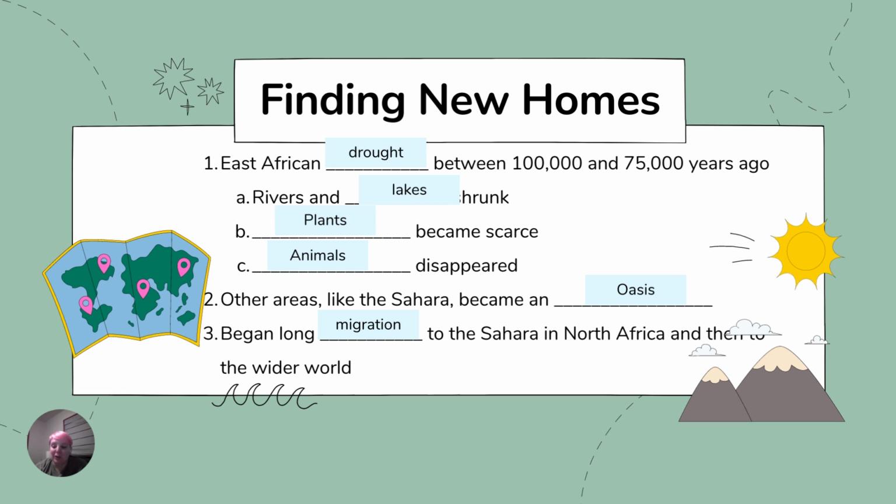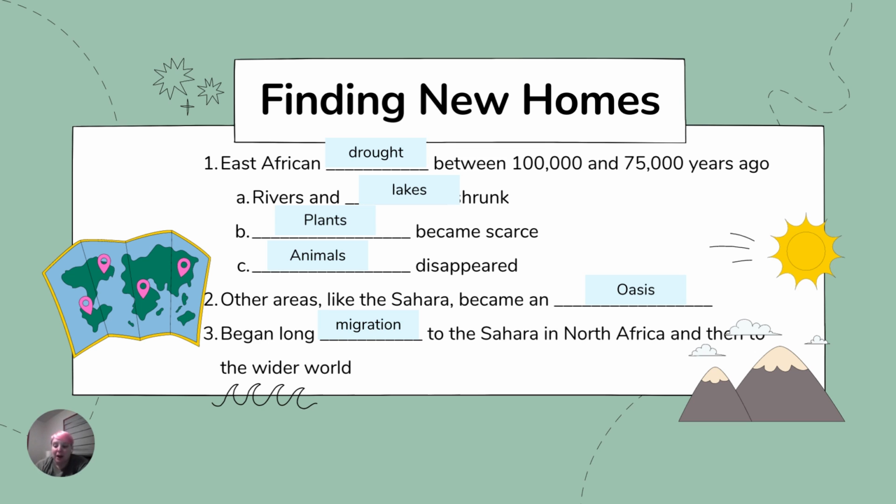Archaeologists have discovered that a drought occurred in East Africa between 100,000 and 75,000 years ago. This had a really big impact on the landscape of the area. Rivers and lakes shrunk, plant life became scarce, and animals disappeared.